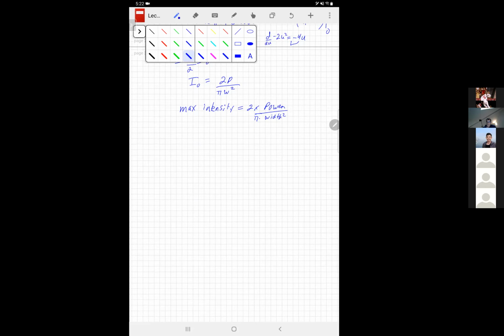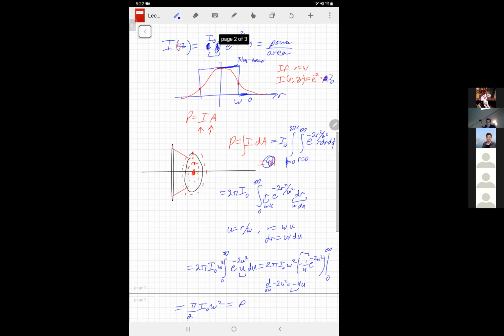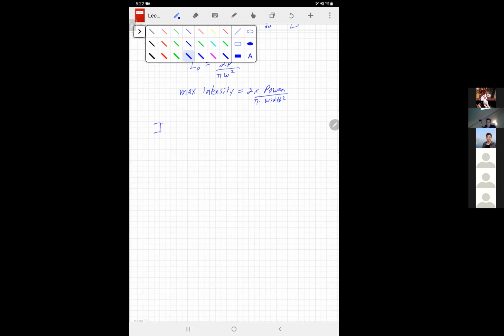If we plug everything in and we remember that the width is variable, the width depends on how far we are from the focus, then what we finally get is that the intensity as a function of distance from the axis and distance from focus is 2P over pi w naught squared times 1 plus z squared over z naught squared, times e to the minus 2r squared over w naught squared times 1 plus z squared over z naught squared.